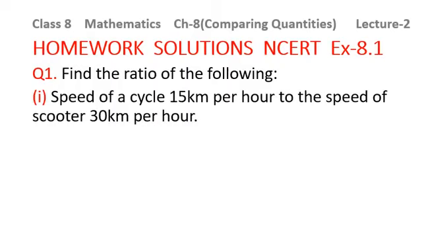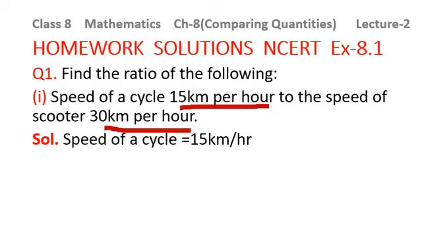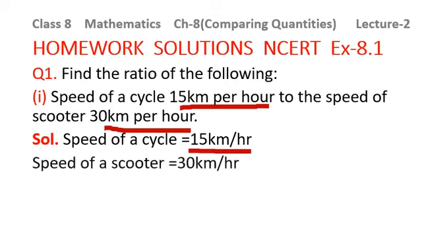Before taking the ratio, as we discussed in the previous lecture, the units must be the same. The speed of the cycle is given in kilometer per hour, and the speed of the scooter is also in kilometer per hour. So both the units are the same.